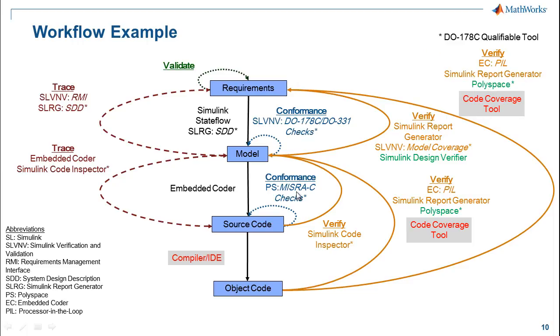So we talked about Polyspace briefly as a static rules checker. The much bigger and more important part of Polyspace is its formal methods analysis capabilities to prove the absence of runtime errors. So this is a very important part of software safety, basically proving that there's no chance that your code could have a runtime error.